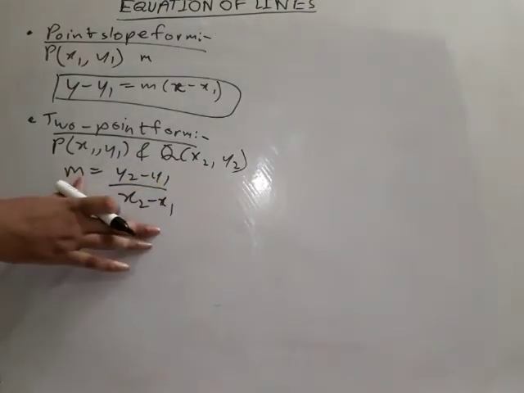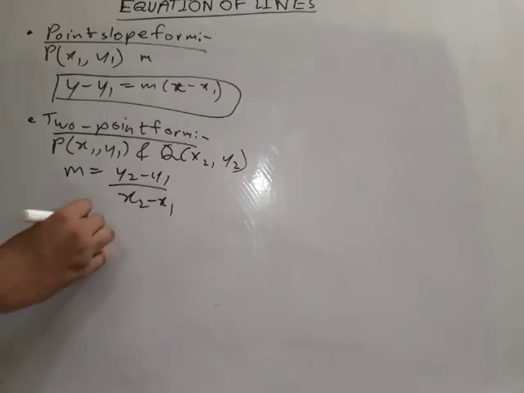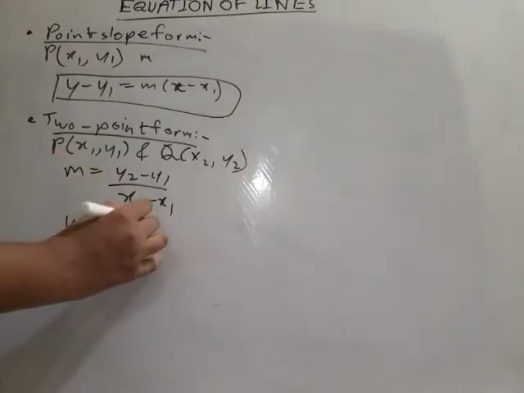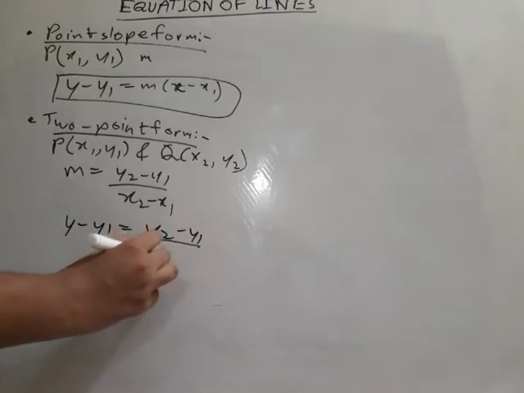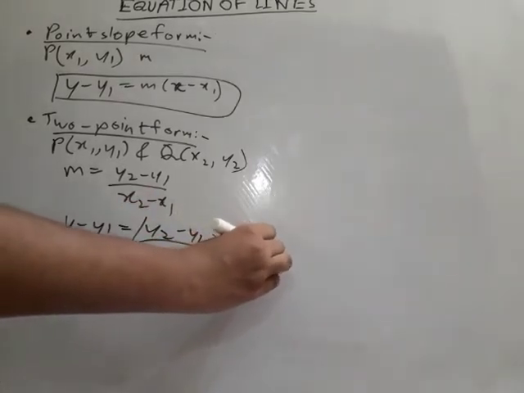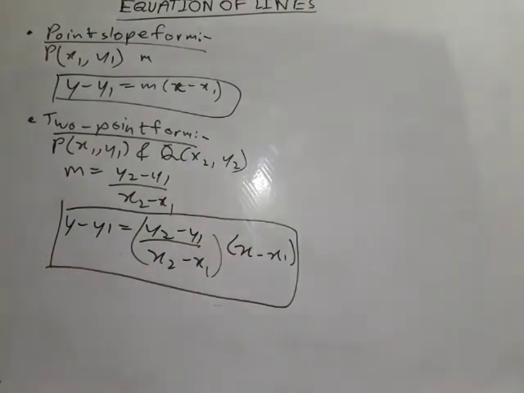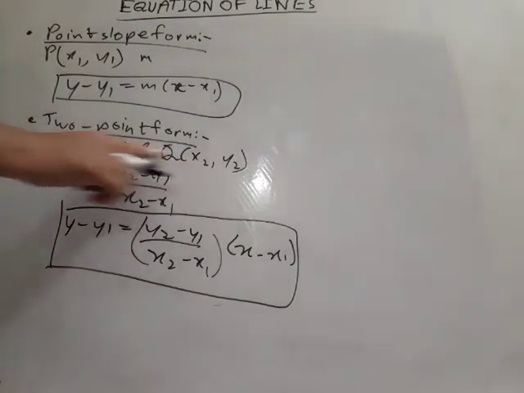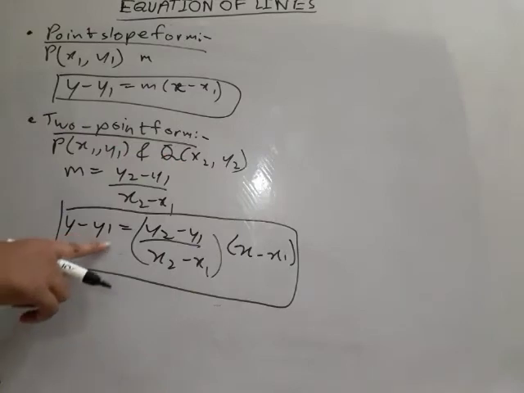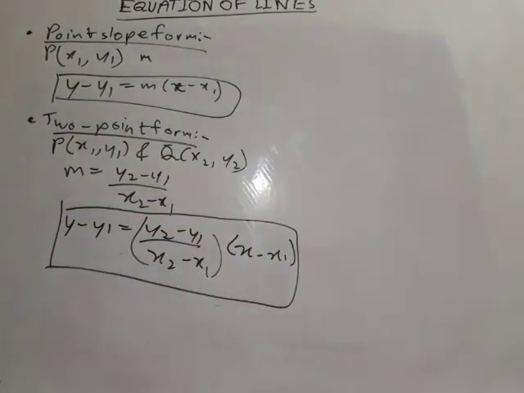So putting m in this equation and taking any of these points, let us take P only, the equation is y minus y1 equal to y2 minus y1 by x2 minus x1 into x minus x1. This is the 2-point form. Remember, you can take any of the points, it can be Q2 or it can be Q1. If it is Q2, then y minus y2 equal to this thing into x minus x2. No problem.